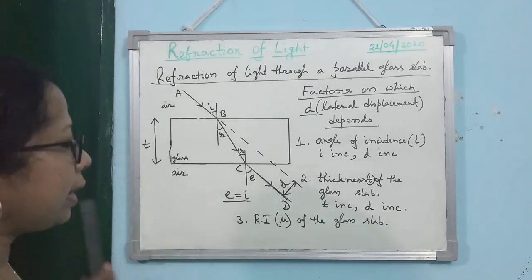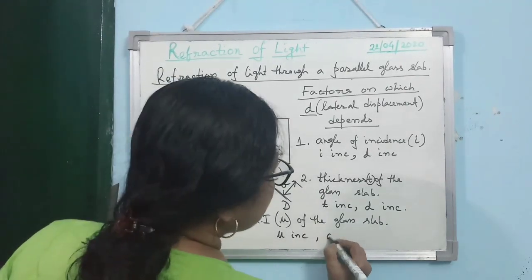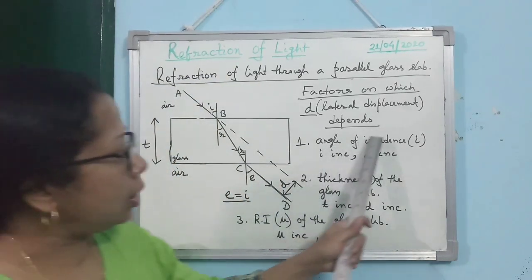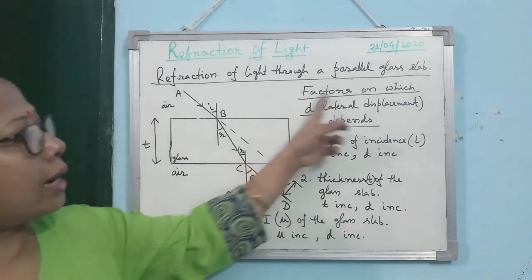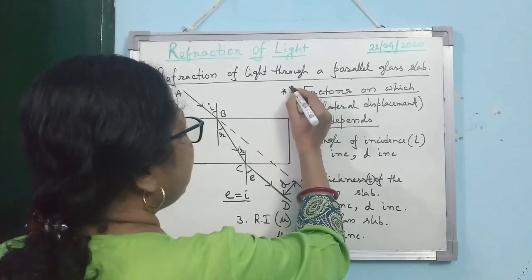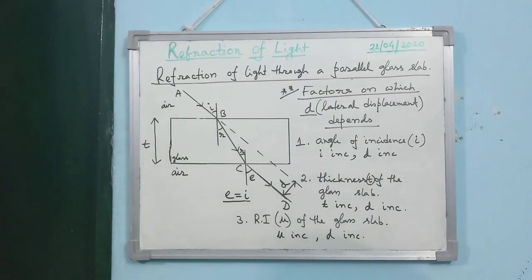When the refractive index increases, lateral displacement increases and vice versa. In all cases you must write 'and vice versa'. The factors on which lateral displacement depends are also an important topic for your board exam, so you must learn and remember it.